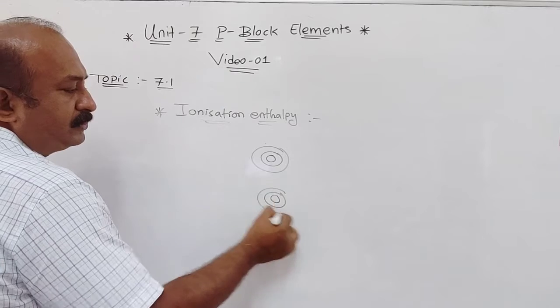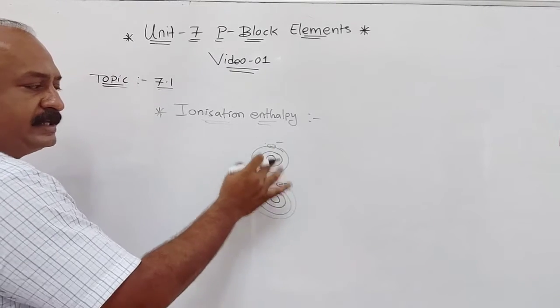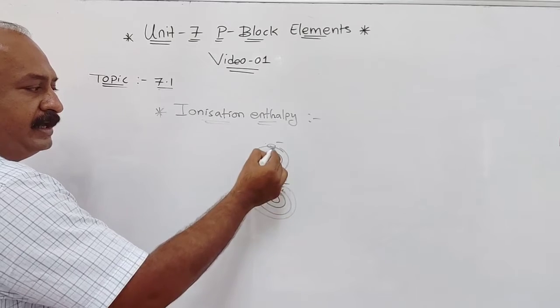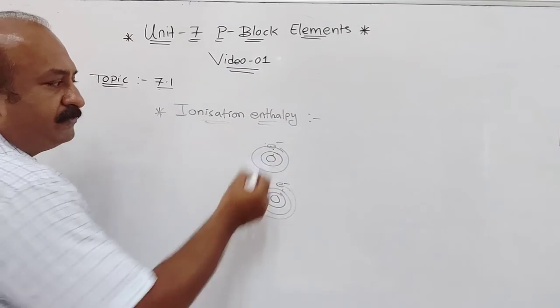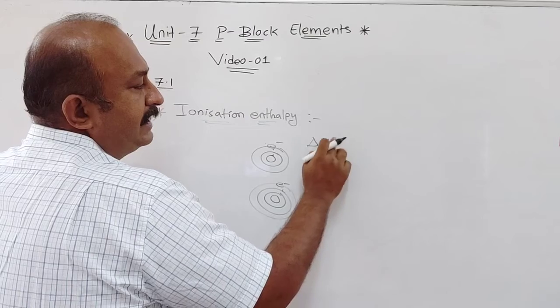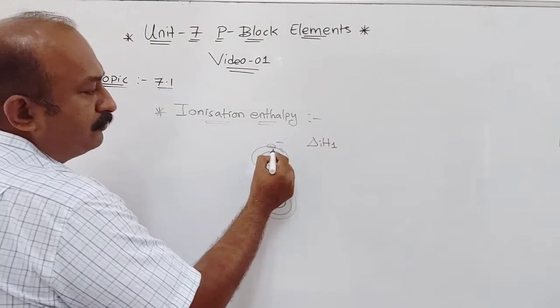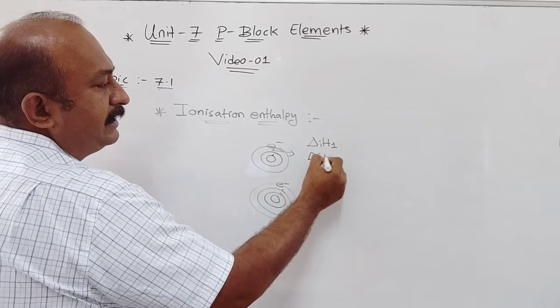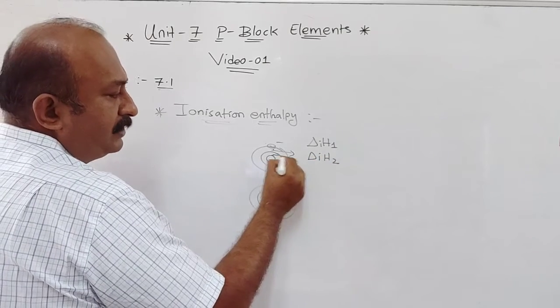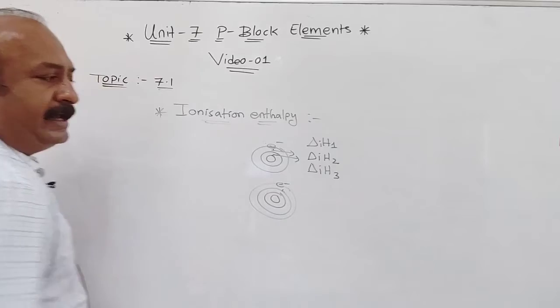Then for phosphorus, 3 are there. The outermost electron will be removed first, then the inner electrons. The first electron we remove, that ionization enthalpy we call delta I H1. Understood? And if you remove from the inner part, that will be delta I H2. From further inside, removing the electron will be delta I H3.